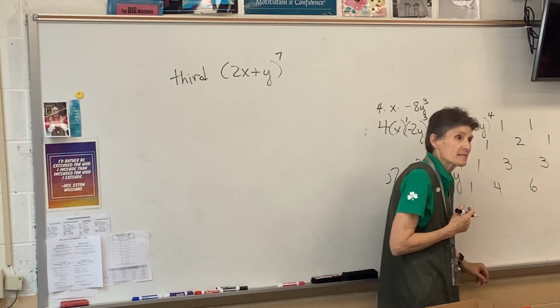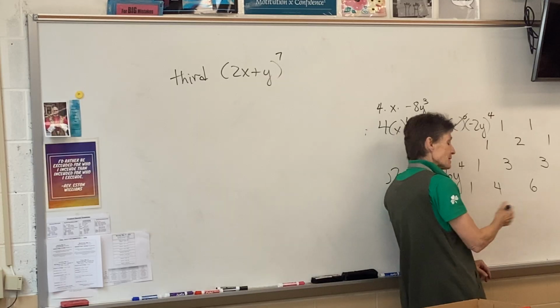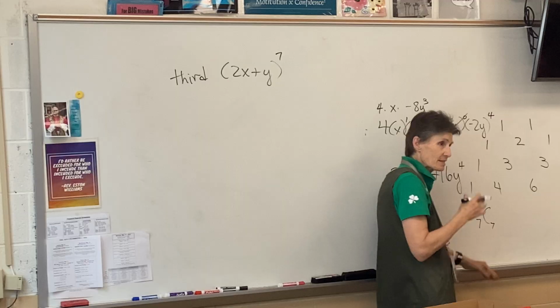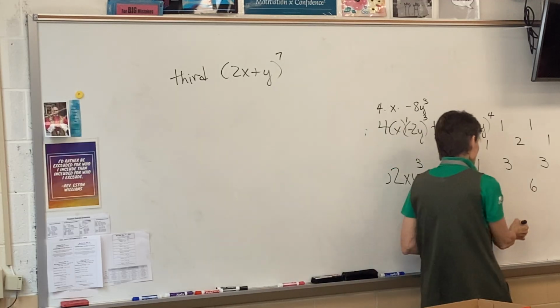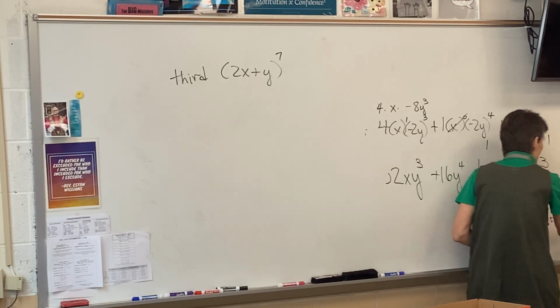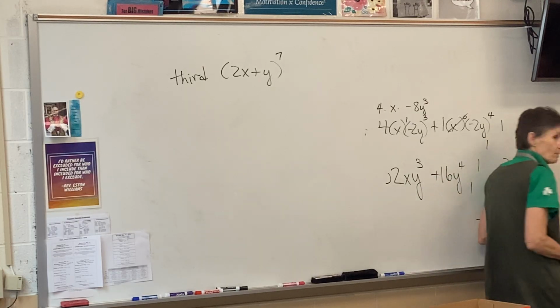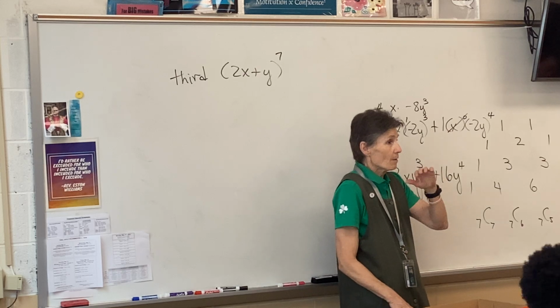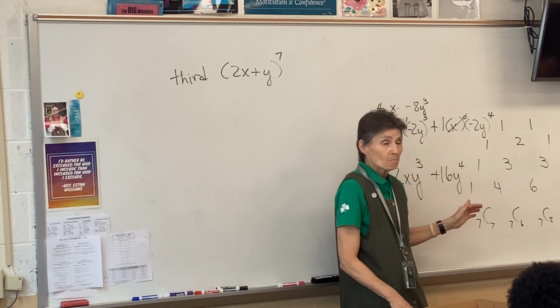Yeah, they're the C numbers. So in the 7th row, it would be 7C7, that's the first number. And the next number would be 7C6, 7C5, 7C4. It would go all the way down to 7C0. Now, I'm giving you another option.